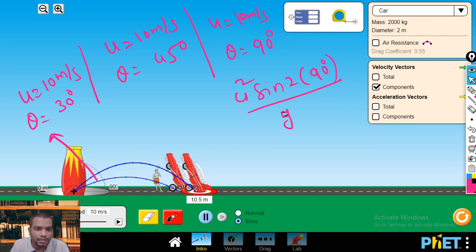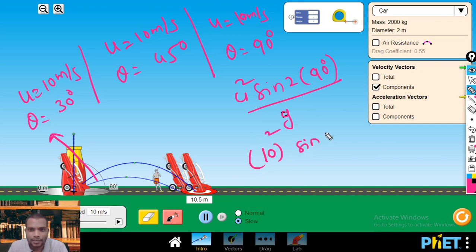If you launch the projectile at maximum perpendicular, now it will turn back. Now it is turning back. If I do the calculation here, I take 10 squared, sine 2 times 90, that is 180 degrees, upon 10. So 10 squared upon 10 times sine 180 value, here minus 1. So minus 1 times 10 is equal to minus 10.